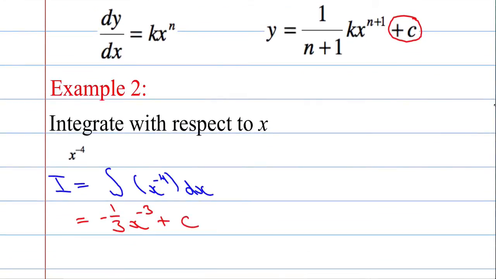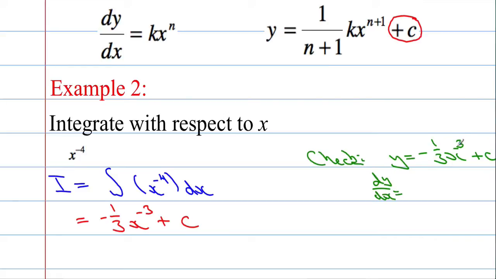Now let's check our answer, make sure that we're doing things correctly. We're going to do a check over here. Suppose we had the function y equals negative 1 over 3 x to the negative 3 plus some constant c, and we take the derivative dy by dx.